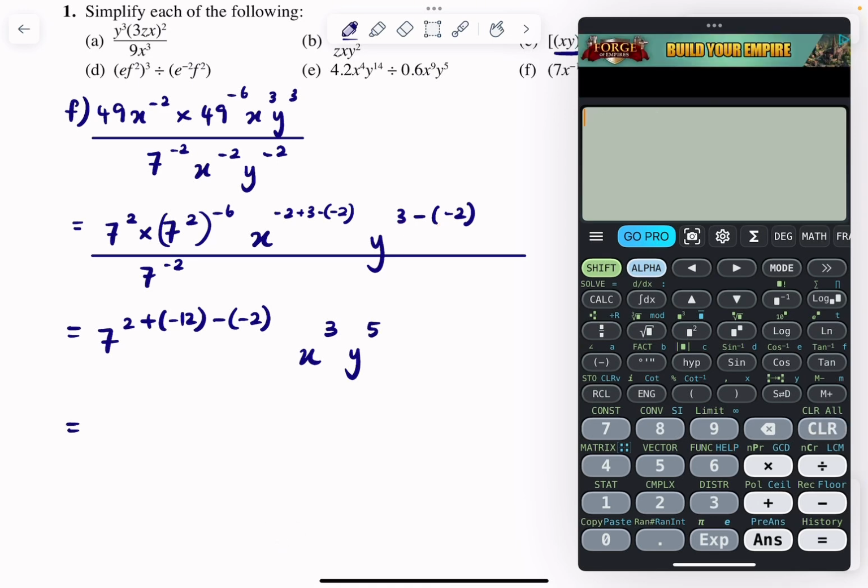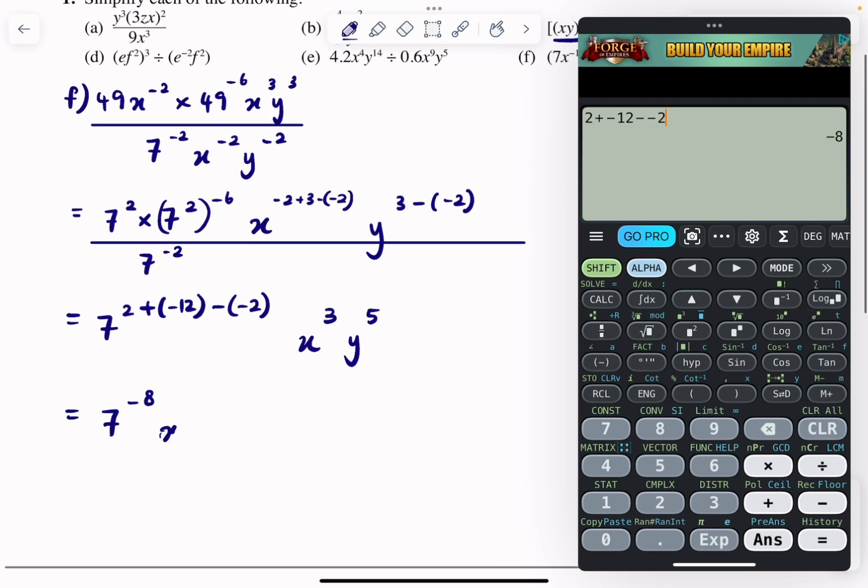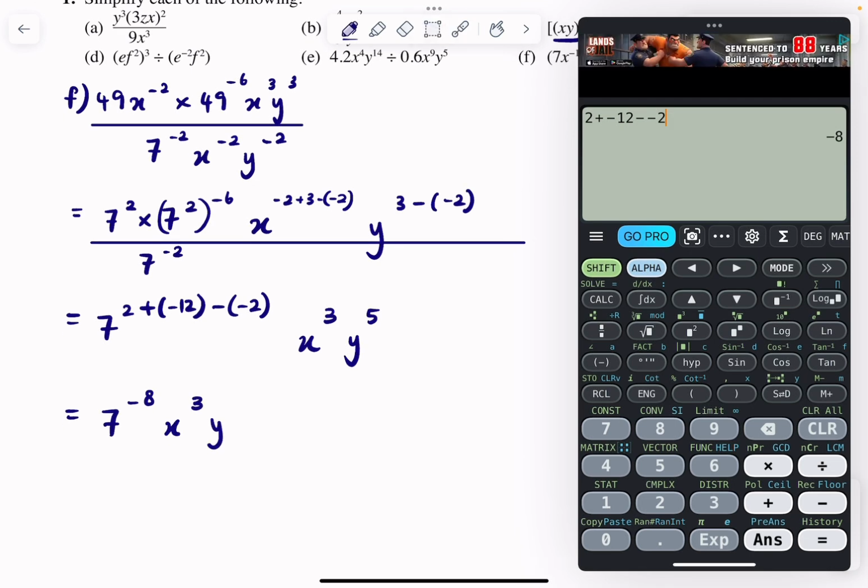So 7 will be 2 plus negative 12 minus negative 2. 7 power negative 8, x cube y 5. So this will become x cube y 5 over 7 power 8. Done.